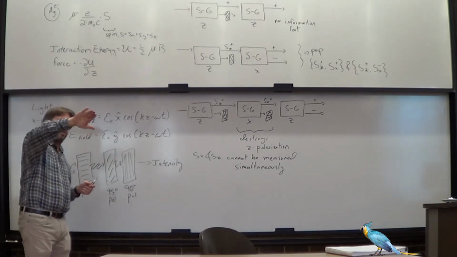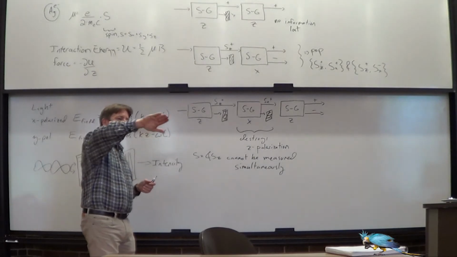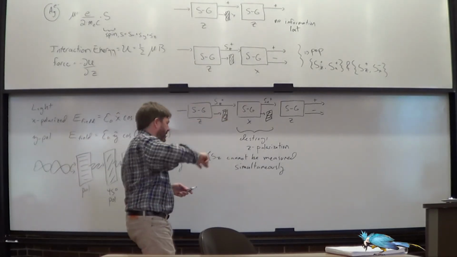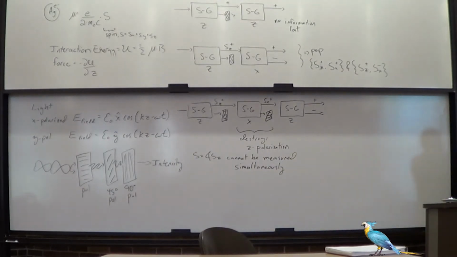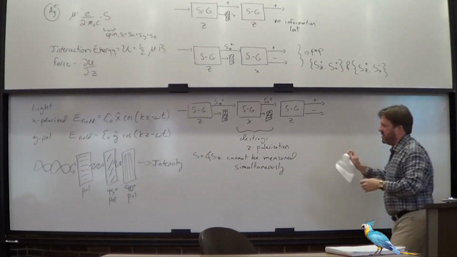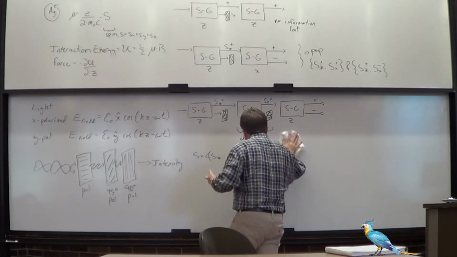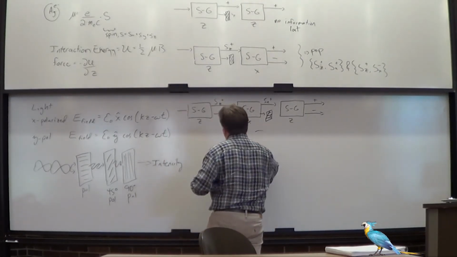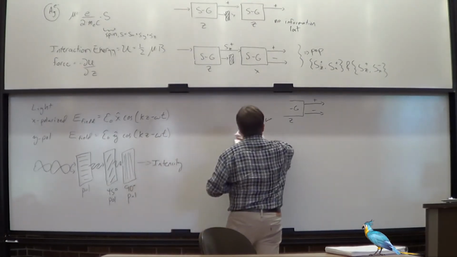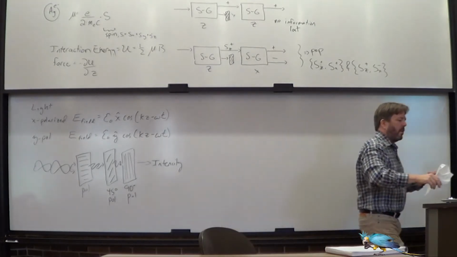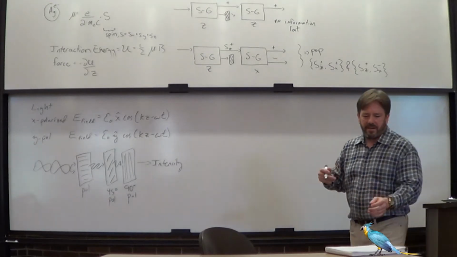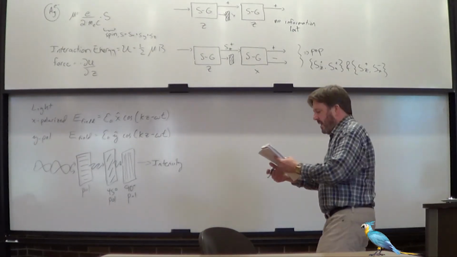A 45-degree polarizer turns it like that, and now it has a component in the up direction. Let me draw that so that it's a little bit more clear. I'll even write some equations for it. Your book mentions this as well, but I know the book really jumps between being understandable to massively incoherent, and this is one of the areas I thought was pretty incoherent.